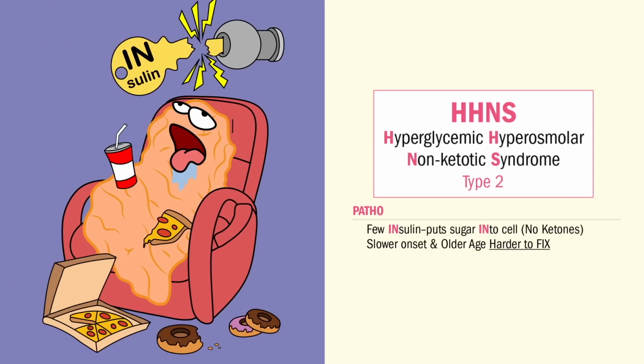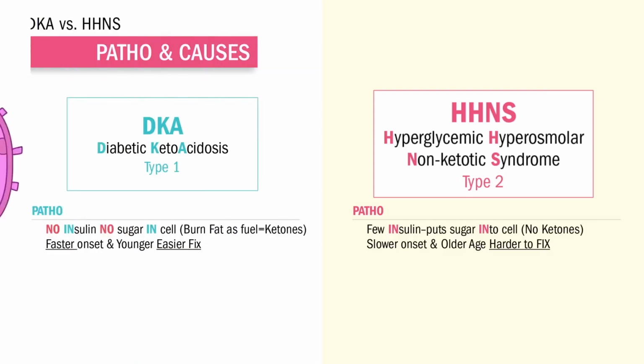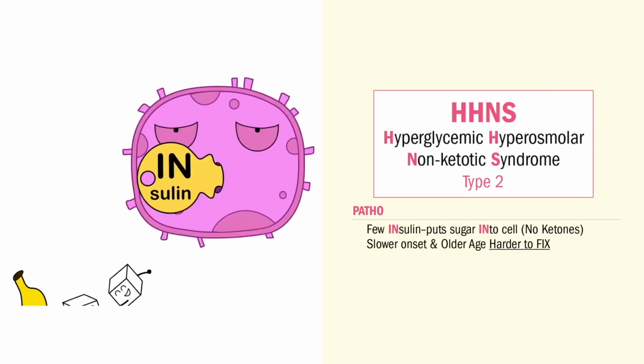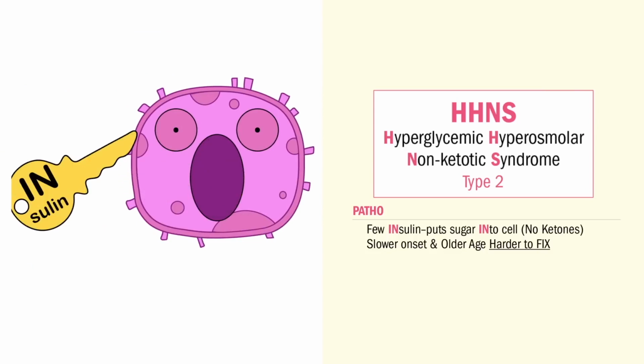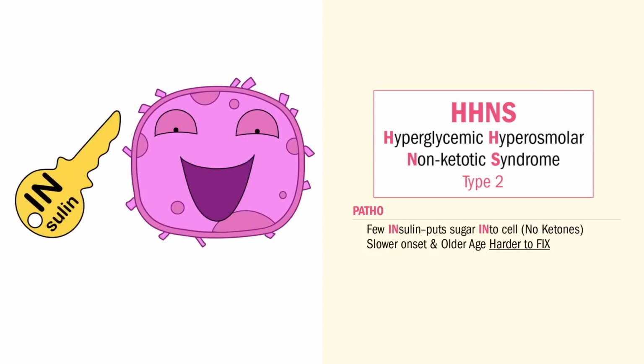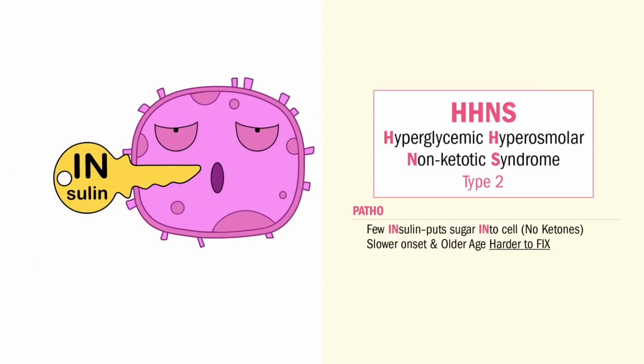Now type 2, we have few insulins barely working, so HHNS or just HHS, let the name help you. So hyperglycemic, we have the higher sugar. Hyperosmolar, we have very thick dehydrated blood. Guys, huge dehydration here. And non-ketonic, we have no ketones, and S is for syndrome. Now, since the body has barely enough insulin to put sugar into the cell, the body burns sugar for fuel, so we don't get those ketone bodies.